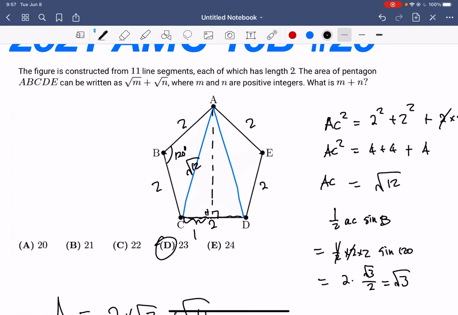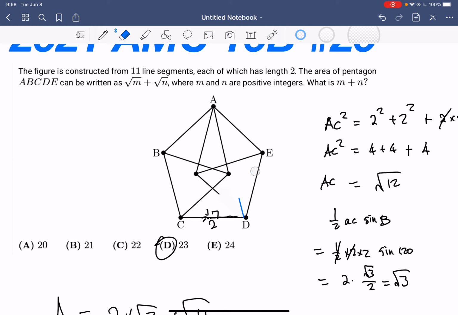At the start of the video, I told us to erase all the line segments inside the figure to make it easier to see how the figure is solved. But if we put the line segments back, see how distracting that would be.